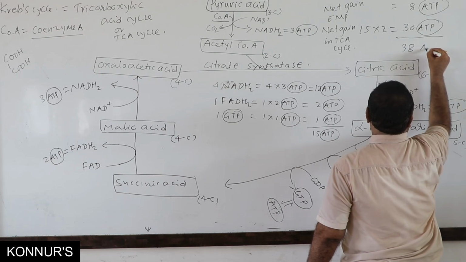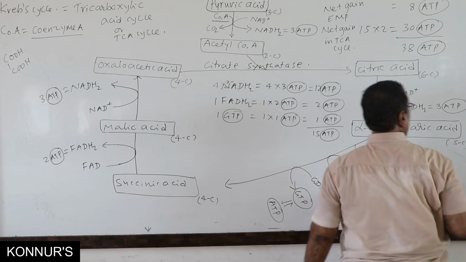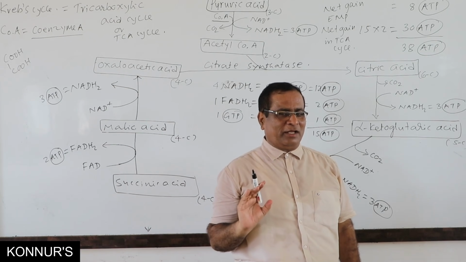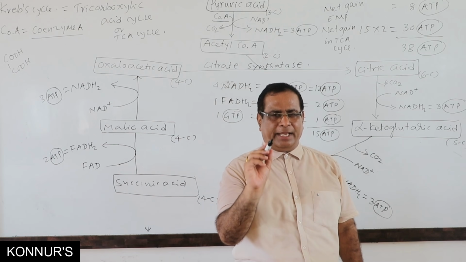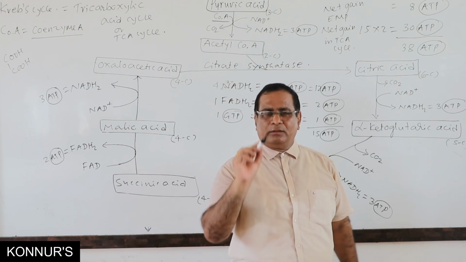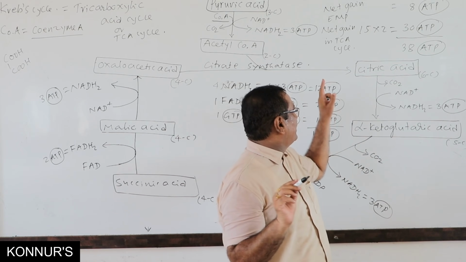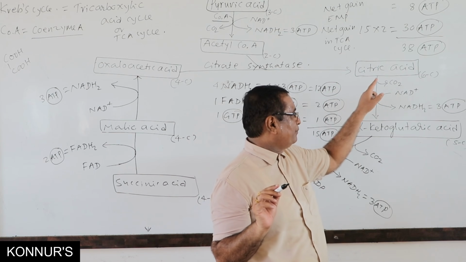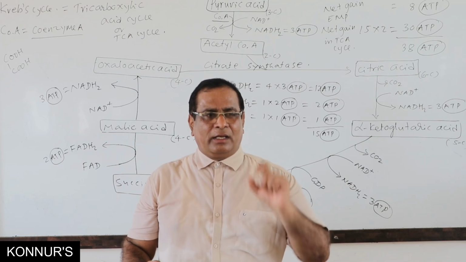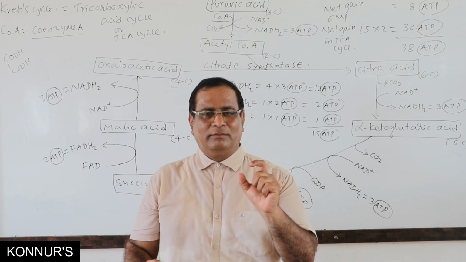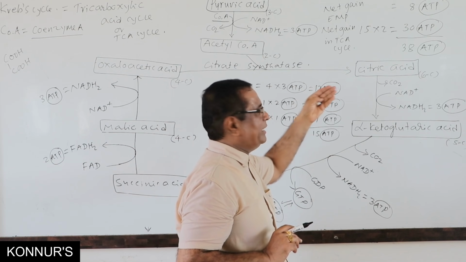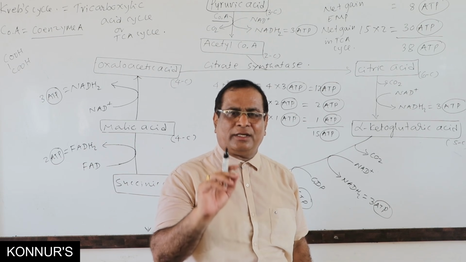Totally, net gain of energy from glucose, how much? See, here confusion is there. Net gain of energy from EMP pathway, 8 ATPs. The net gain of energy from TCA cycle or Krebs cycle, 30 ATPs. Then they would ask the question, net gain of energy from 1 glucose molecule. 8 plus 30 is equal to 38. If you write 38, it's wrong.